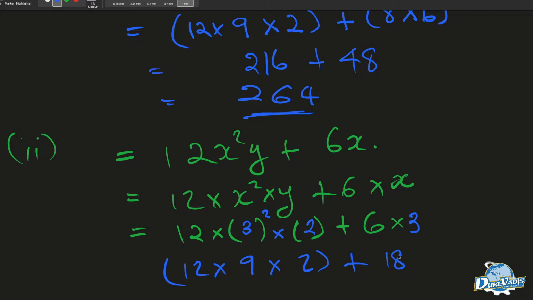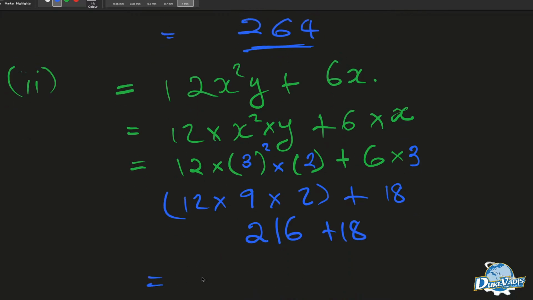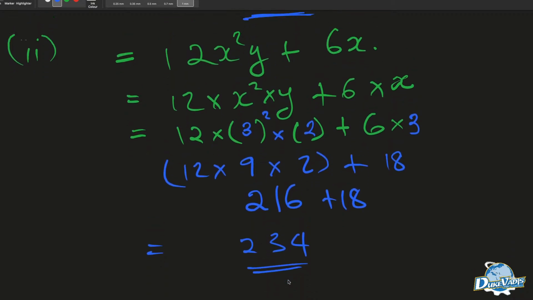I get 216 plus 18. So 216 plus 18, I got 234. Beautiful.